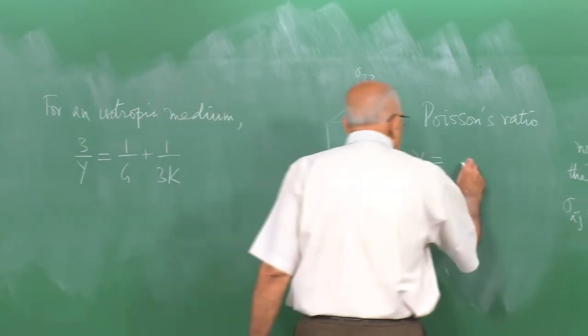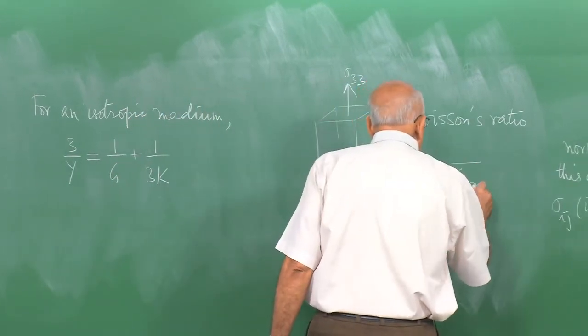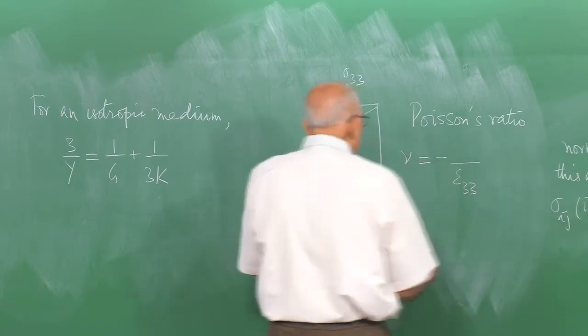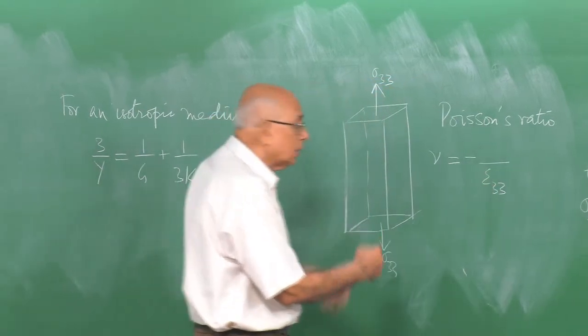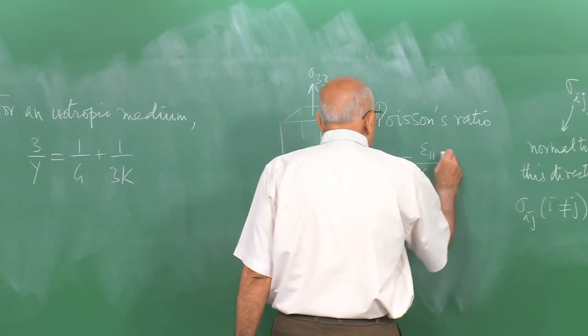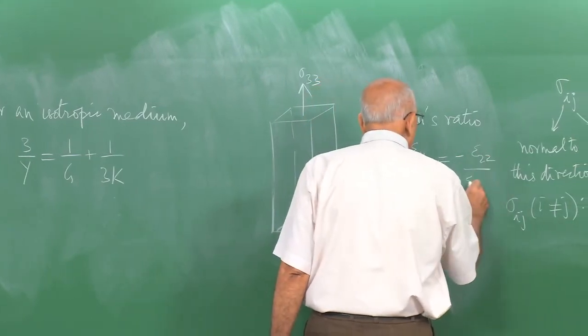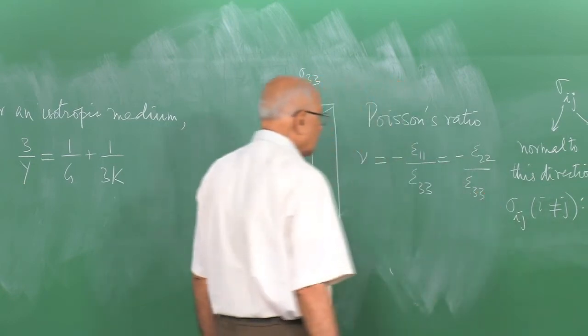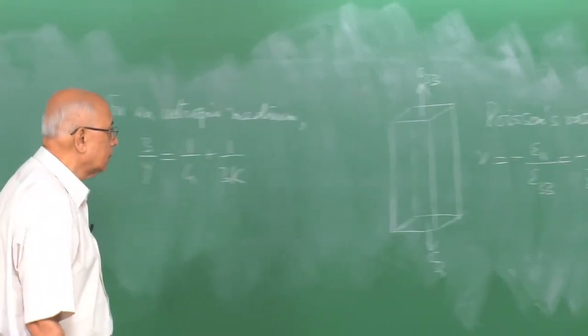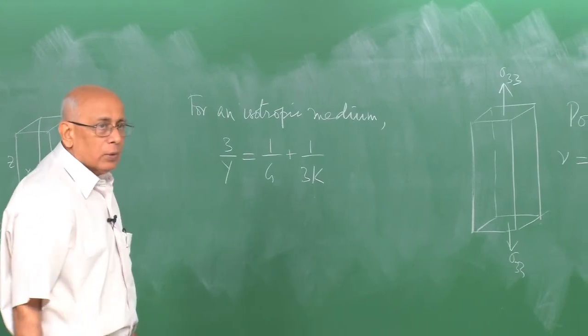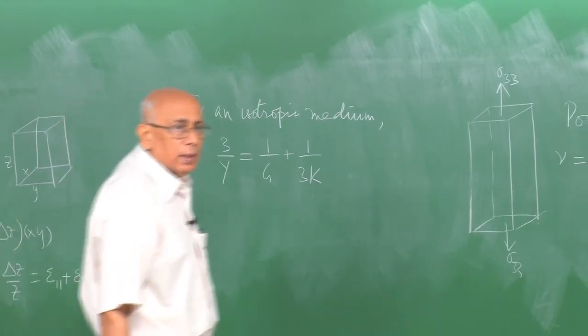The longitudinal strain, of course, is epsilon 33, and the lateral strain has a minus sign because it's going inwards, epsilon 11, or in this case of isotropic medium 22, over epsilon 33. So that's what Poisson's ratio is.